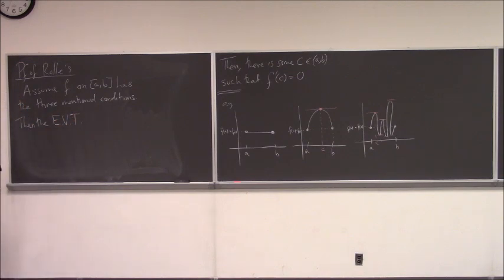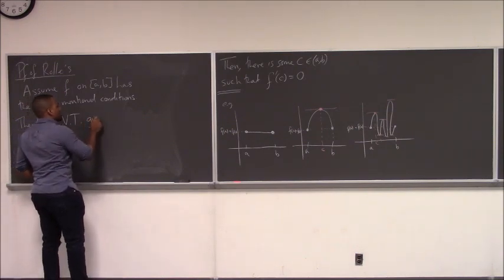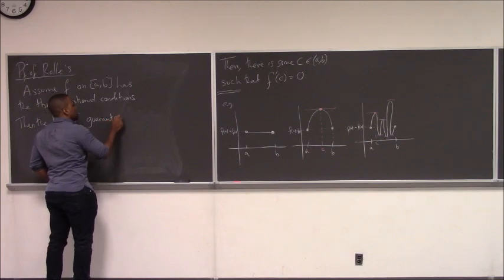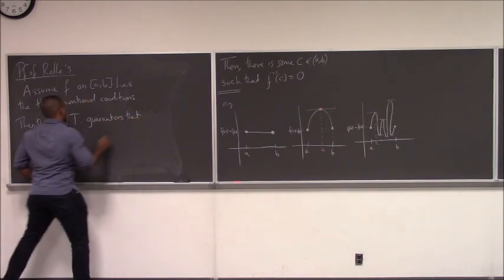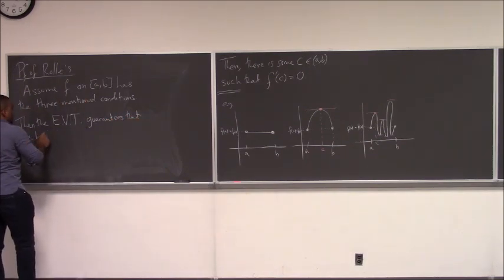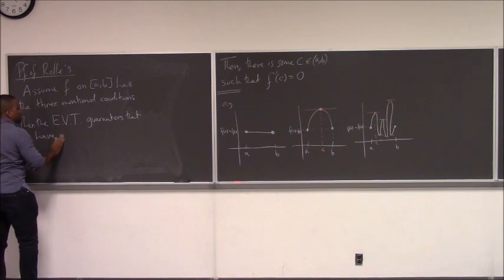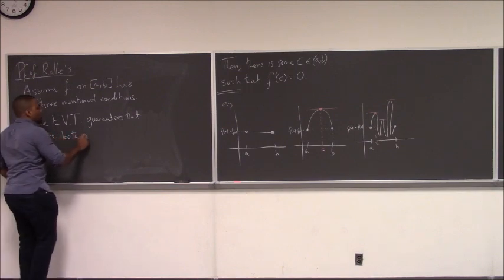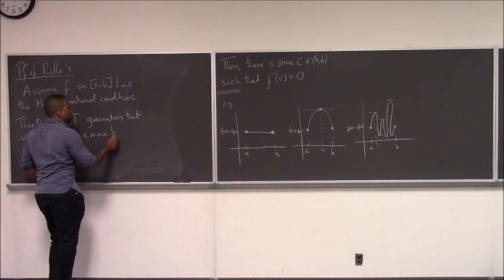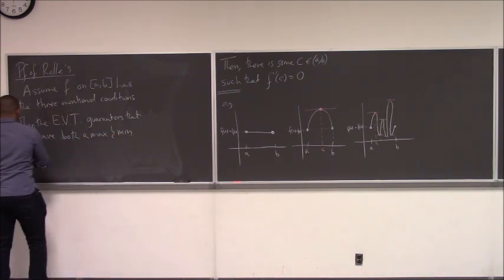EVT, this is the extreme value theorem. The extreme value theorem guarantees that we have both a max and min in the interval.